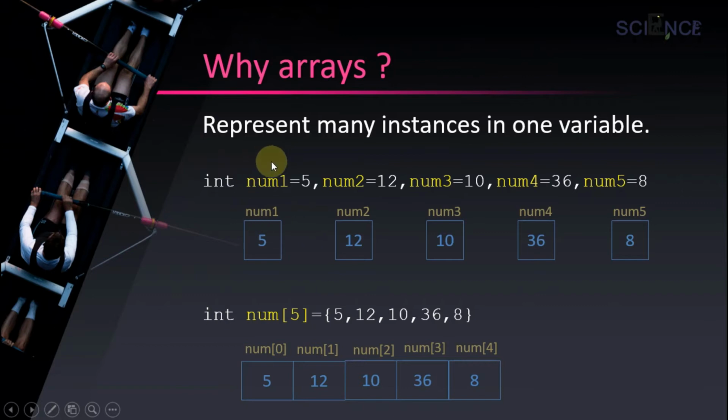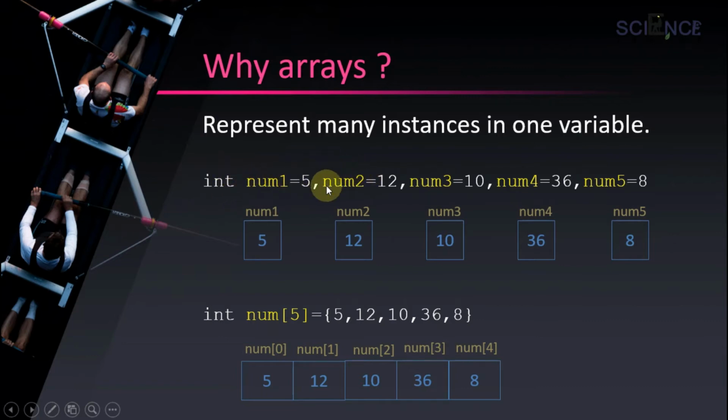If we create variables one by one, let's assume that we need 5 variables of integer data type. What we have to do is declare each and every variable one by one, like this. Here I have created num1 and assigned 5 to this variable, right?